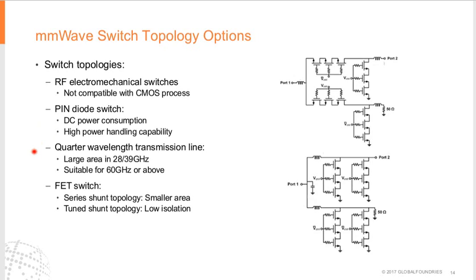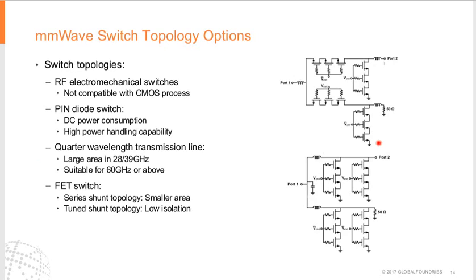Another potential solution is a quarter wavelength transmission line switch for 28 GHz or 39 GHz Ka band switch design. This still occupies a larger area, so it's not desirable, but it's suitable for 60 GHz and above switch applications. Another solution is the FET stack solution.